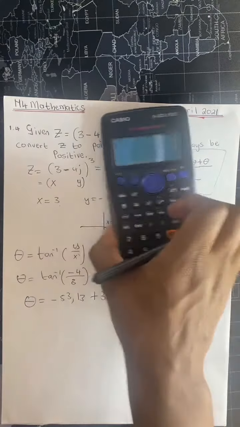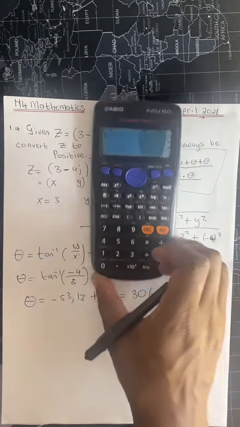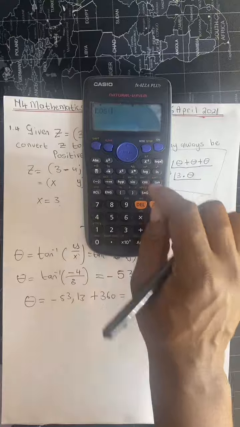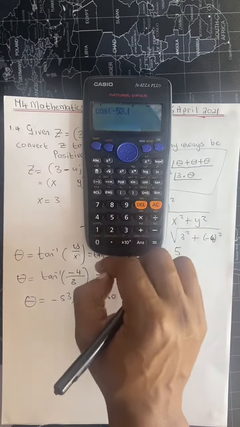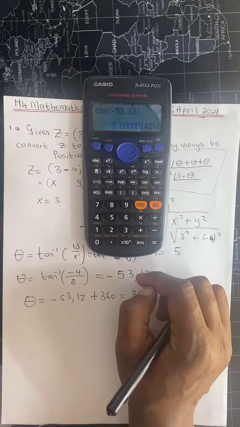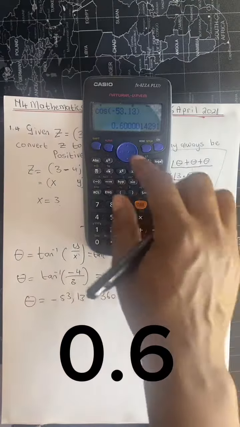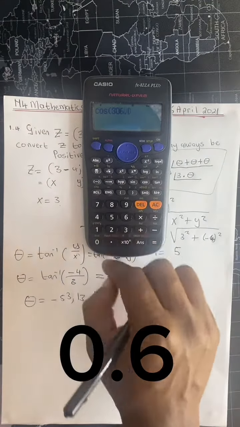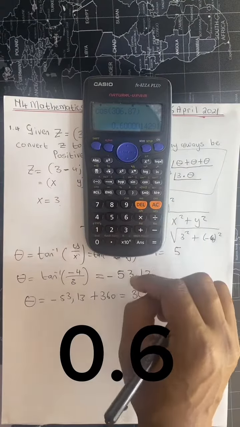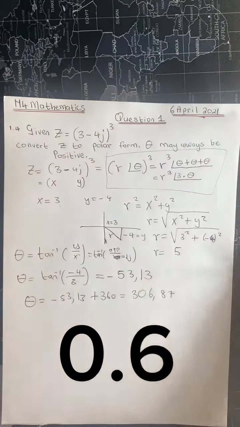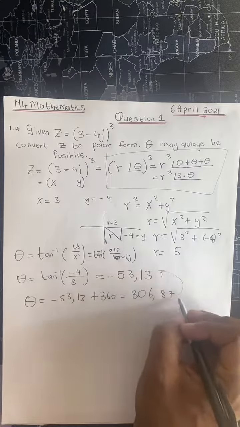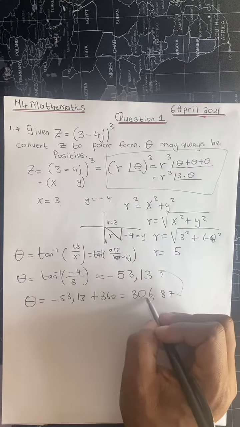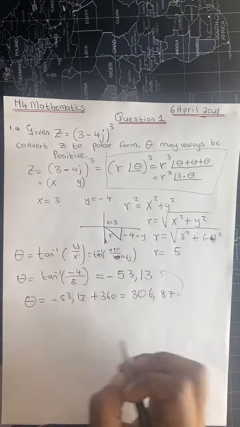We are adding this because, say, cos of negative 53,13 is equal to 0,6. Also, cos of 306,87 should also be 0,6. So this angle is equal to that angle, but this one is positive and this one is negative.